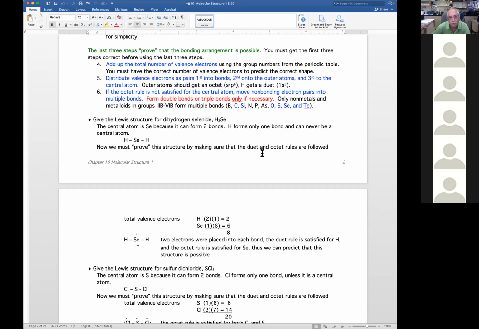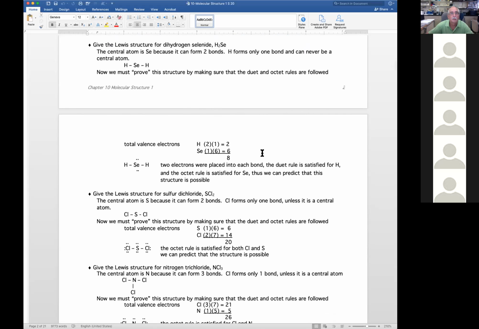So now we're just going to go through some examples. Give the Lewis structure for dihydrogen selenide. Notice that here's oxygen and here's selenium. It's in the same group as oxygen, so you would predict it to have the same bonding pattern as water.